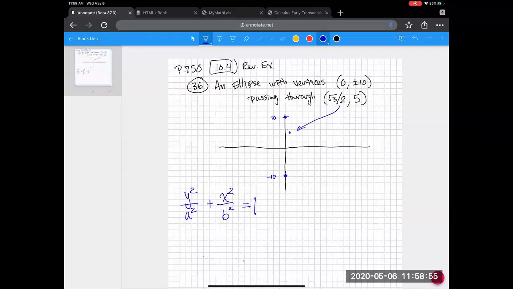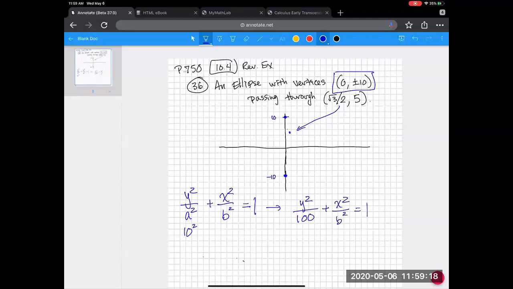And in this case, I know that that's 10. Because I know that the vertices on the major axis go up and down 10. So that means that down here we have 10 squared. So that tells me I have y squared over 100 plus x squared over b squared equals 1.